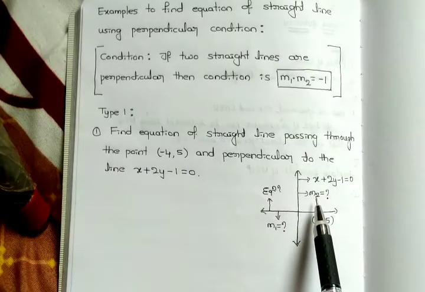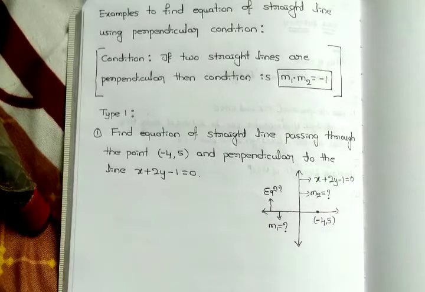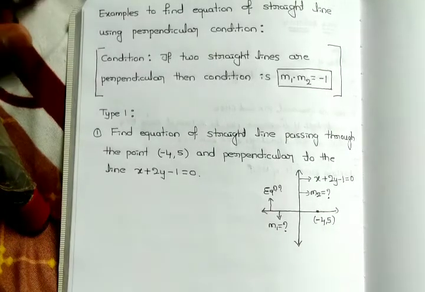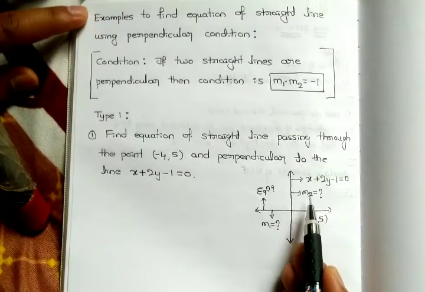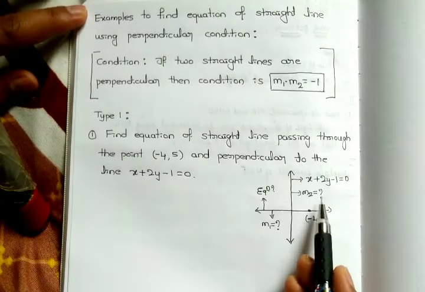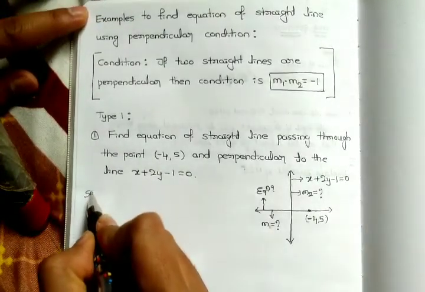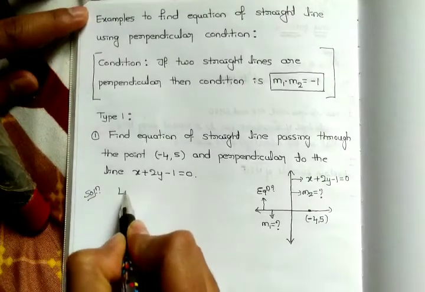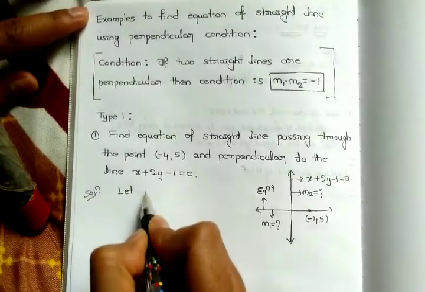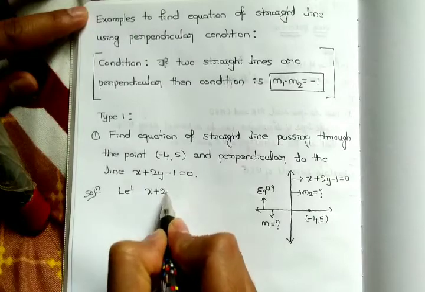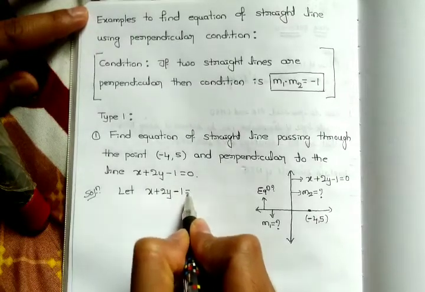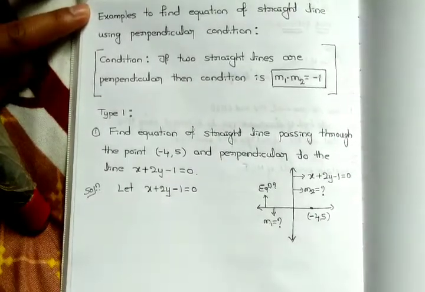Therefore m2 is also unknown. So the first step is to solve for the m2 value. Solution: let us consider the second line equation x + 2y - 1 = 0.